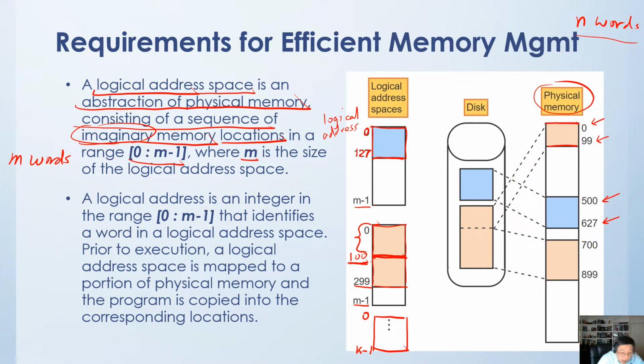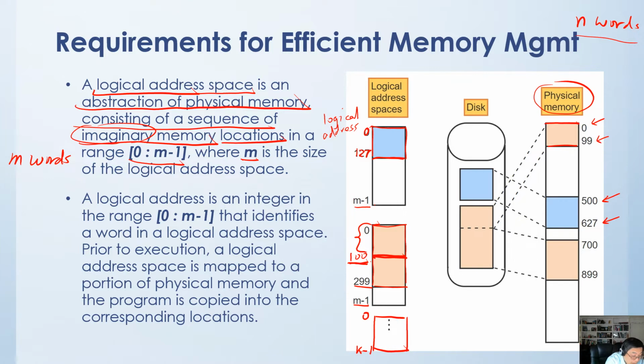Remember, when a computer system tries to run a program, you first need to load the program into the physical memory, so then the CPU can fetch the instructions of the program and start to execute. Now, the idea of the logical address space is that we can organize the program in a logical memory space before we actually load it into the physical memory.